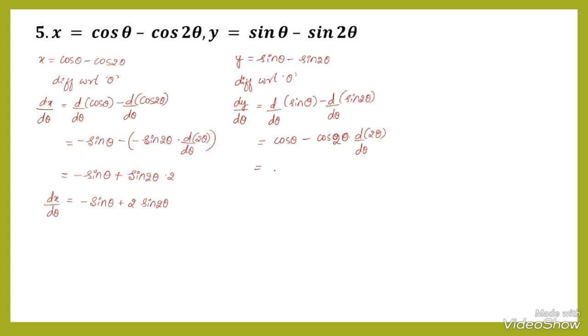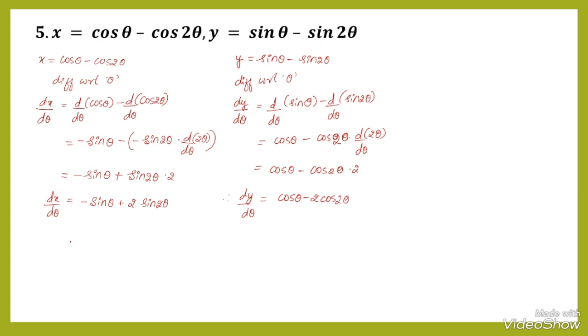Then cos theta minus cos 2 theta into 2. Therefore dy by d theta is equal to cos theta minus 2 cos 2 theta.